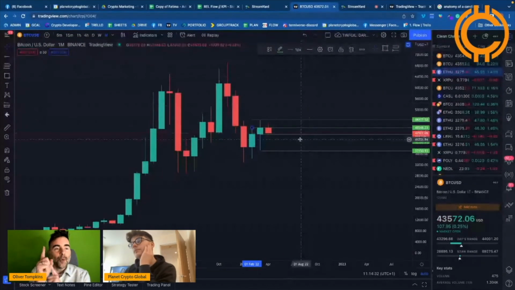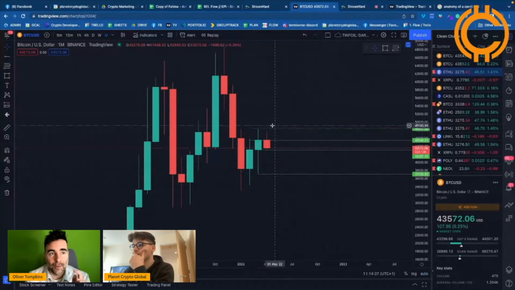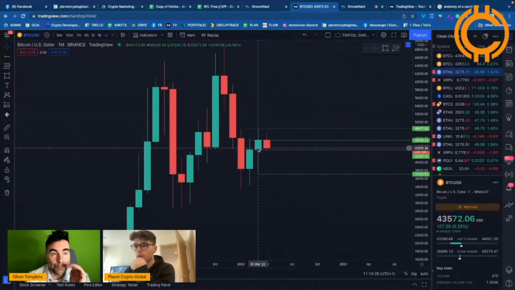Right. So basically, the wicks, which are the thin, skinny lines, are like the highest and lowest point of the price that it's gone that day. And then when you look at the solid block, the candle is to do with open and close, right? Exactly. And then sometimes you might not see the wick, right? What happens when that happens? So when you can't see the little wick either side, essentially what that would mean is an indecision in the market, meaning that the buyers and sellers have pretty much cancelled each other out.